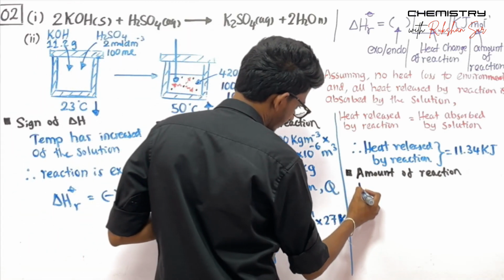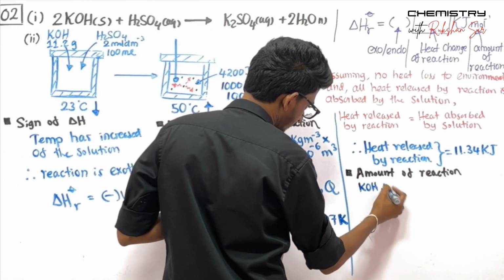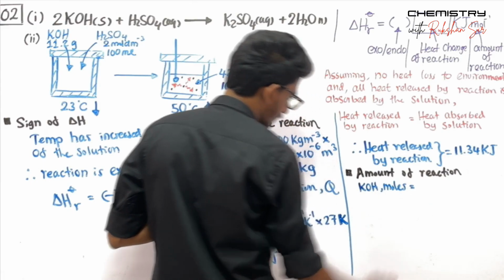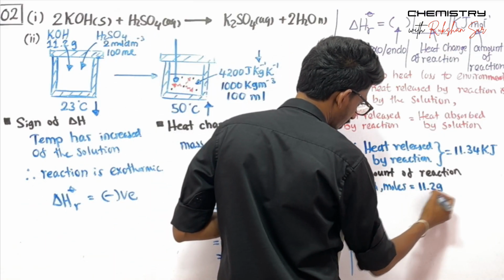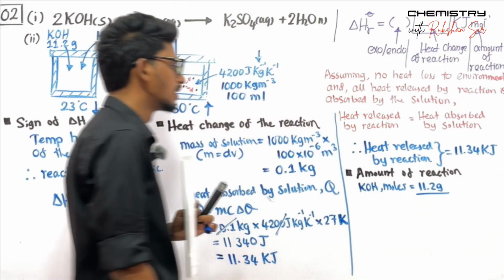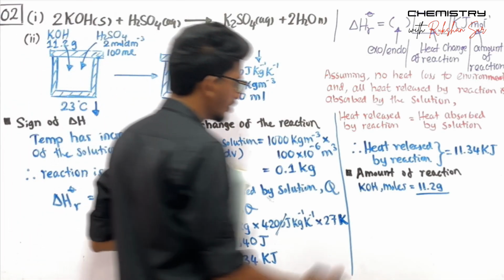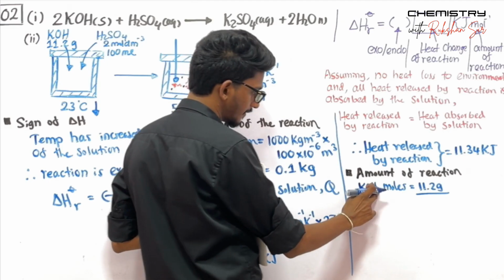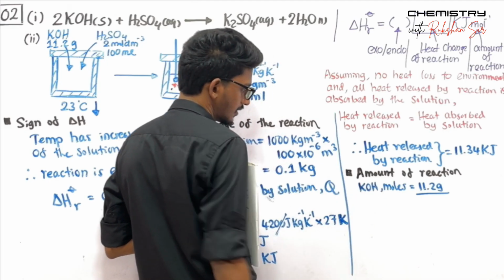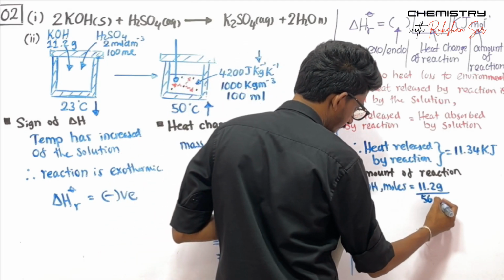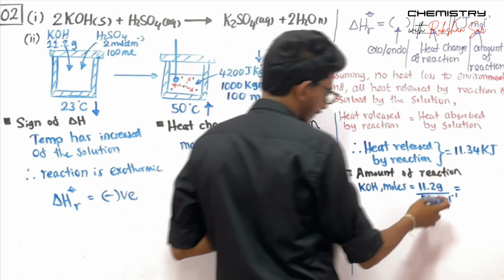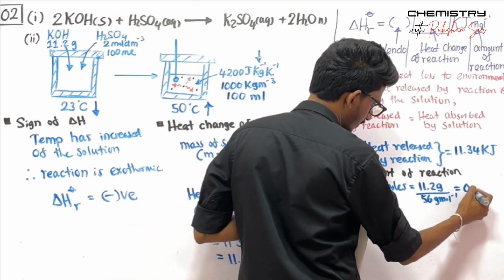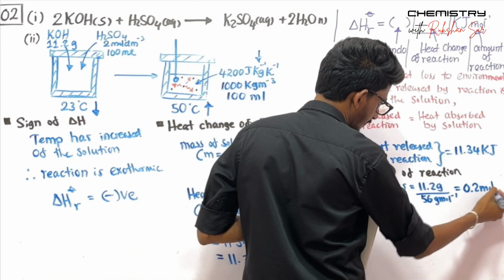So first the KOH moles, that is equal to 11.2 grams divided by its molar mass in g per mole. What is the molar mass of KOH? 39, 1, and 16, so it is 56, no? That will give you 0.2 moles.